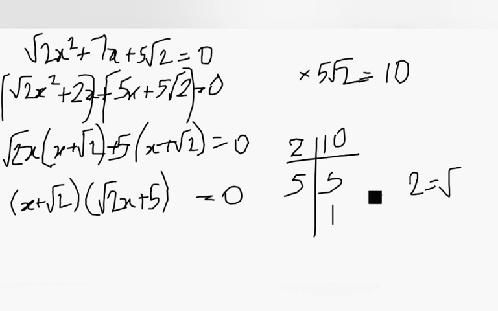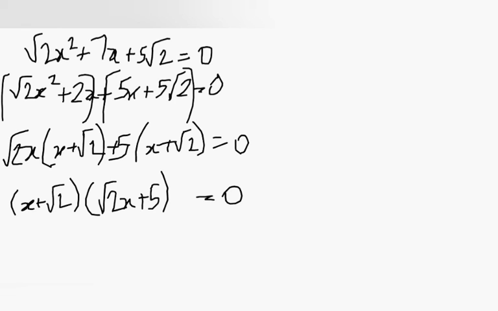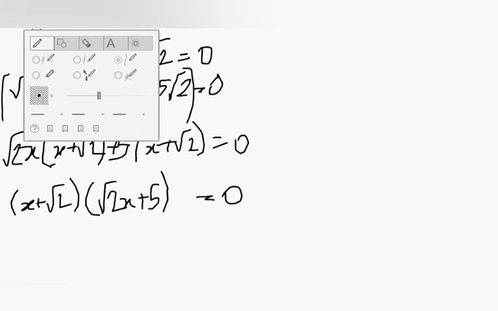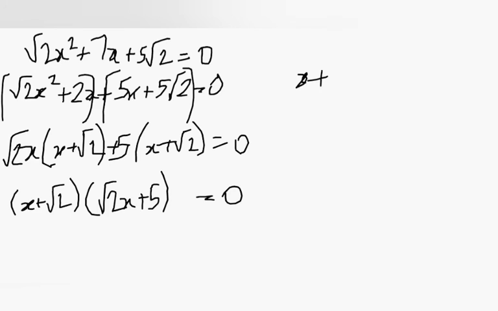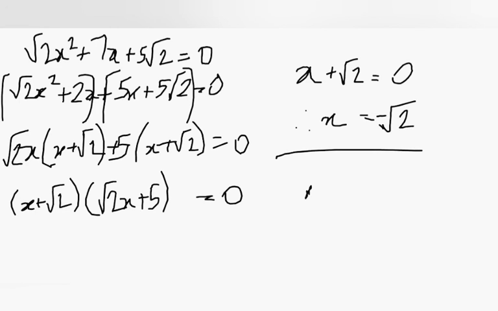Now for finding the values of x, we take them equal to 0, so x plus root 2 is equal to 0, therefore x is equal to minus root 2, and root 2x plus 5 is equal to 0, therefore x is equal to minus 5 upon root 2.